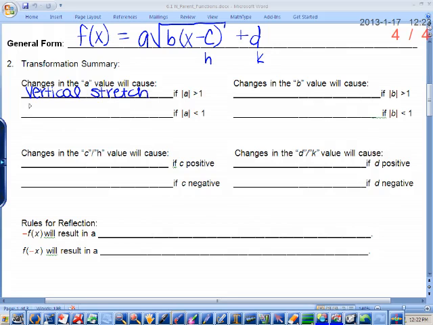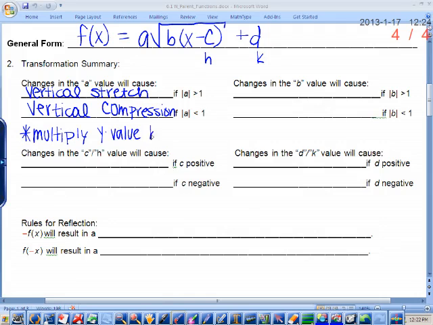When your a value is less than 1, it is a vertical compression. And the way that you apply the vertical stretch and compression is you multiply each y value by a.